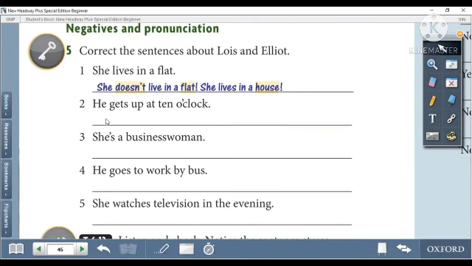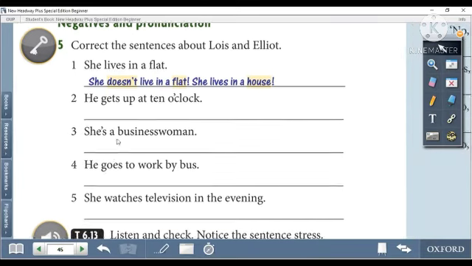وتصححيها. Okay? طيب he gets up at 10 o'clock. He doesn't get up at 10 o'clock. He gets up early. She's a businesswoman. Is she a businesswoman? She isn't a businesswoman. She's a writer.